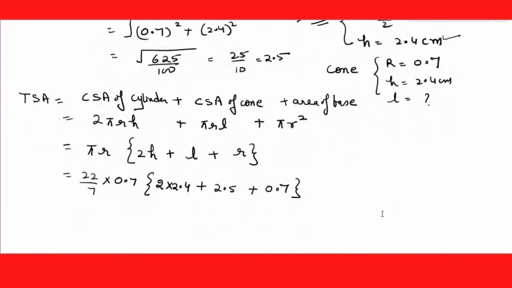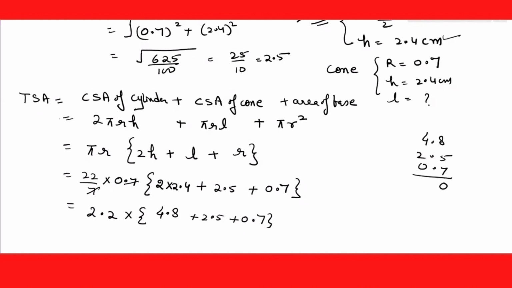Okay. Now these two get cancelled. If we multiply, it becomes 2.2. Now 2 4s are 8, 2 2s are 4, 2.5 plus 0.7. It's easy to find. Yeah, 4.8, 2.5, 0.7.